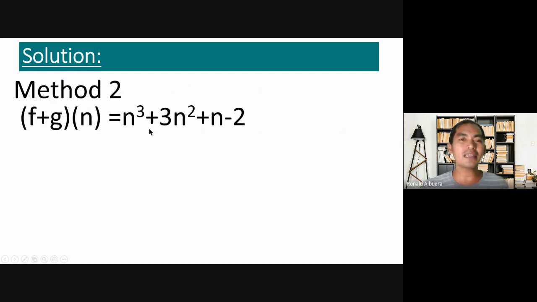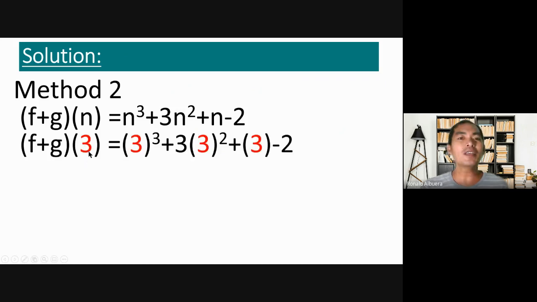Or another method is, you get first the sum of f plus g of n. This is the sum of f plus g of n. Before you substitute or replace, pag sinabing replace, papalitan natin yung variable n by 3. Yan ang tinatawag na evaluate the functions or the sum of the function.